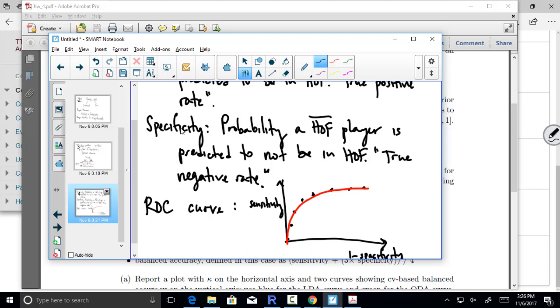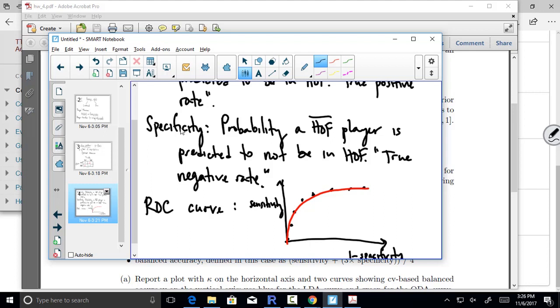So each point in your ROC curve is a single threshold choice, and we're going to tune the model to be optimal by finding at what point I have the optimal trade-off between sensitivity and specificity.